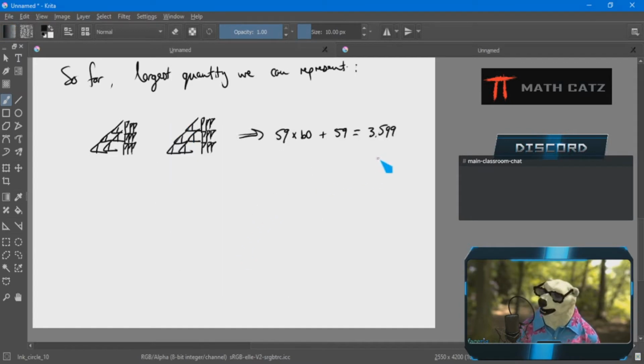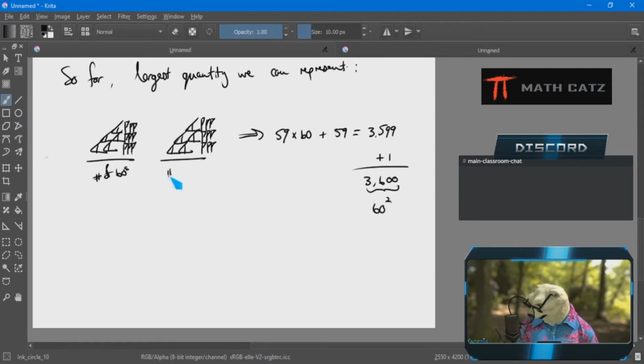If I now add 1 here, what do I get? I get 3,600. 3600 is 60 squared. So I'm going to just need a new place. This place was the number of 60s. This place was the number of 1s.